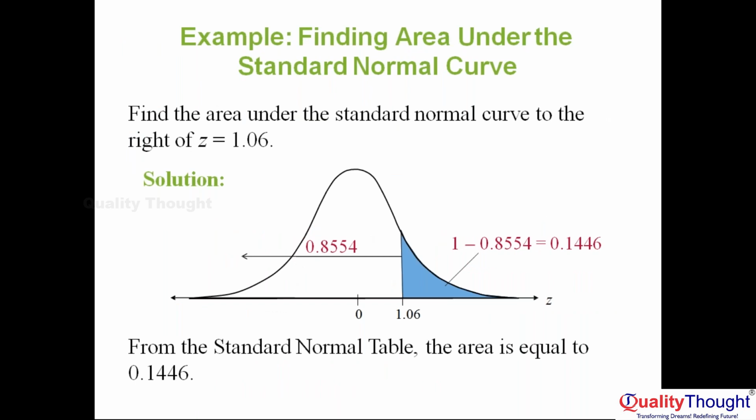So can you please identify the area of the standard normal curve where z score is equal to 1? I need the immediate answer in the chat box. Each and every one, please give me your answer. Let us not waste our time, so we should roll this up as soon as possible.